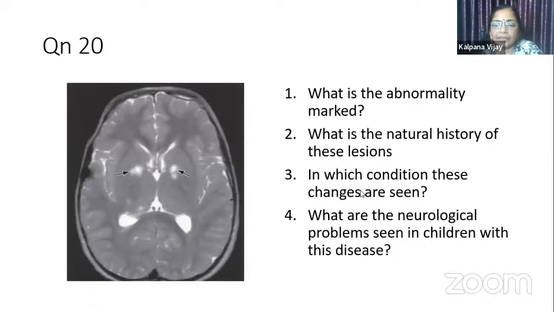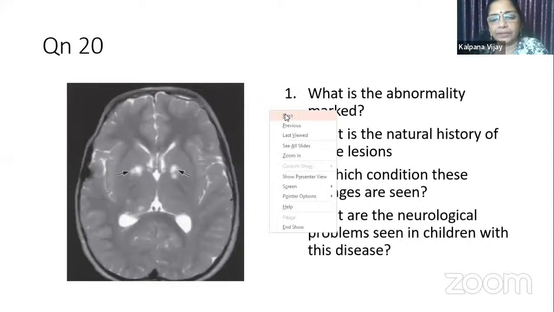And what are the neurological complications that you can see in this condition, that is neurofibromatosis? These UBOs do not have much clinical significance. This is one finding by which we can say that this is neurofibromatosis type 1. So what are the features? Neurological complications of NF1?